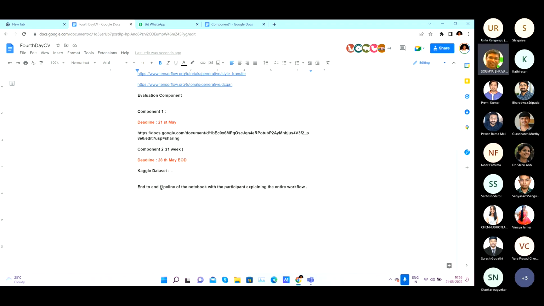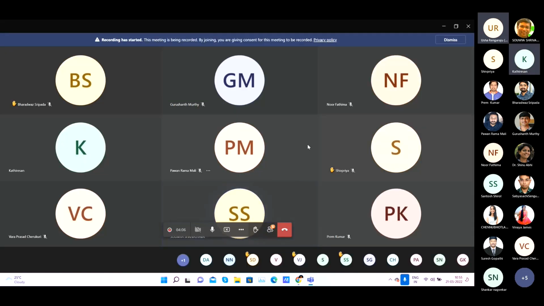Ma'am, you told us about the classification data set earlier. Yeah, classification. I thought it's easy, but I would like to know your preference. That day the five people presented, they were very confident, but there were still a lot of people who were not confident, because the evaluation component is for the entire batch. The main motivation is that all of you should perform well in your exam, right?